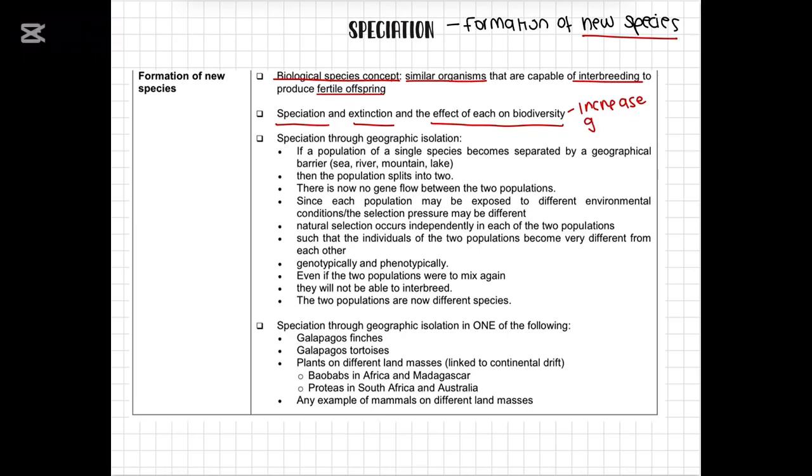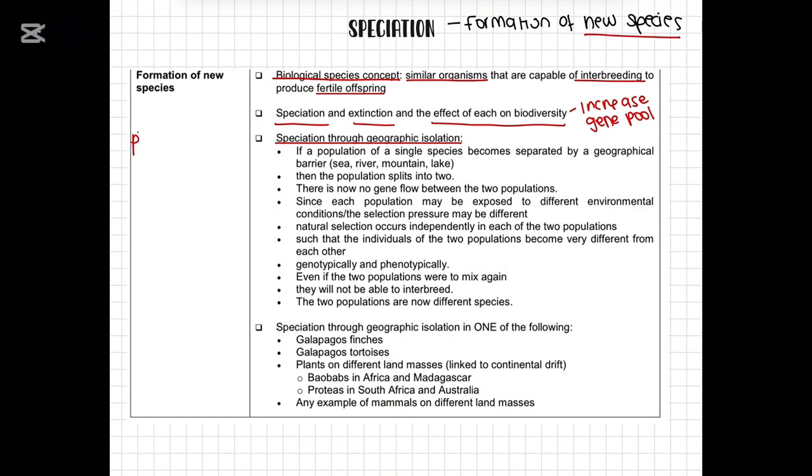We already spoke about the gene pool. Now let's look at speciation through geographic isolation. A geographic isolation would be a physical barrier that separates a population, could be the sea, river, mountain, lake, etc.